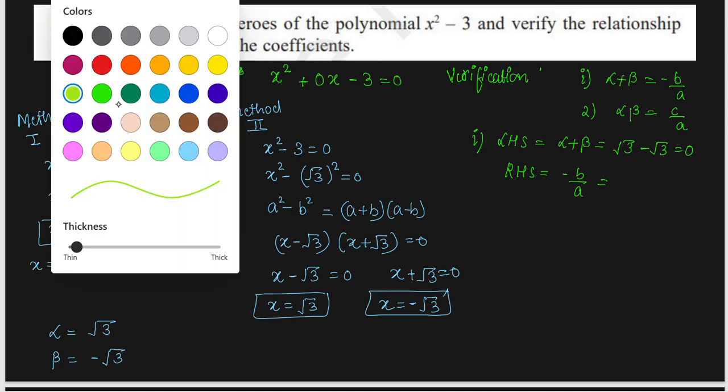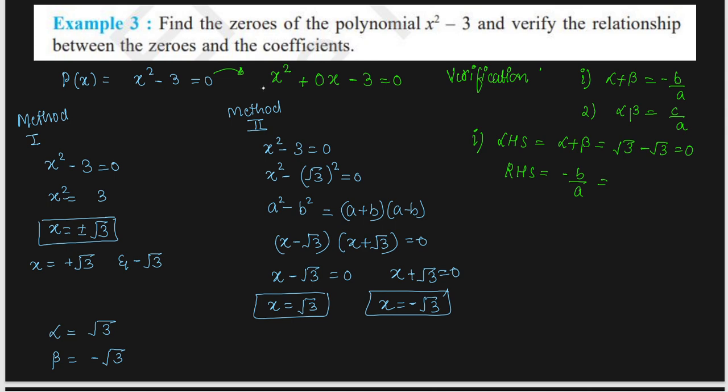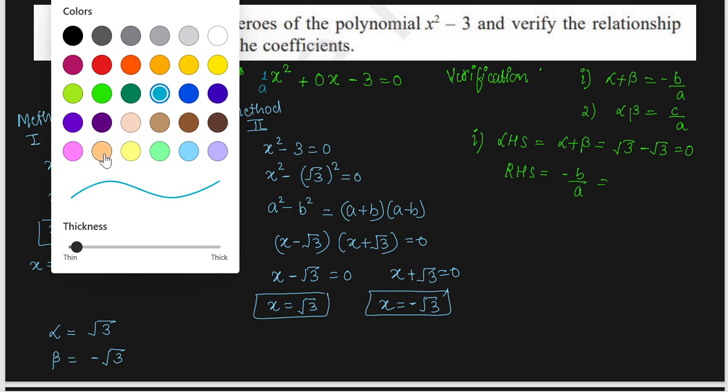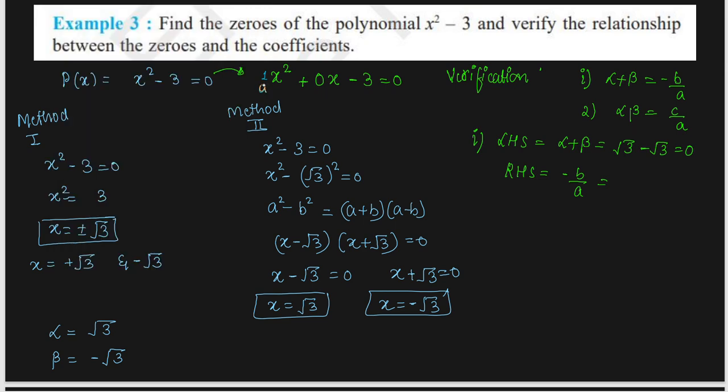Thereby, in this particular case, a is my 1. This is my a. b is my 0. Don't write b as your 3. b is your 0 in a decreasing order of your power. c is your constant term. So minus b over a is nothing but minus 0 over 1, which is nothing but 0. Thereby, left hand side is equals to right hand side.